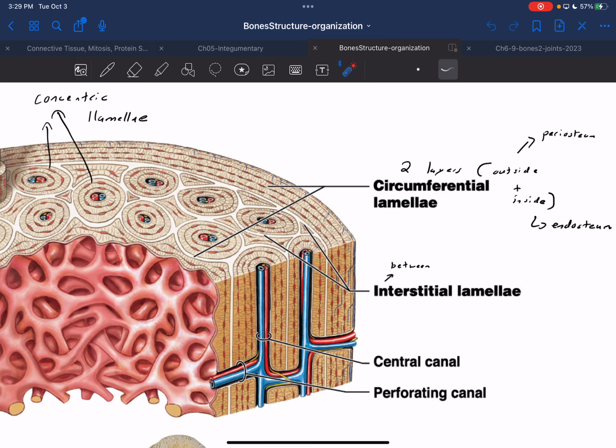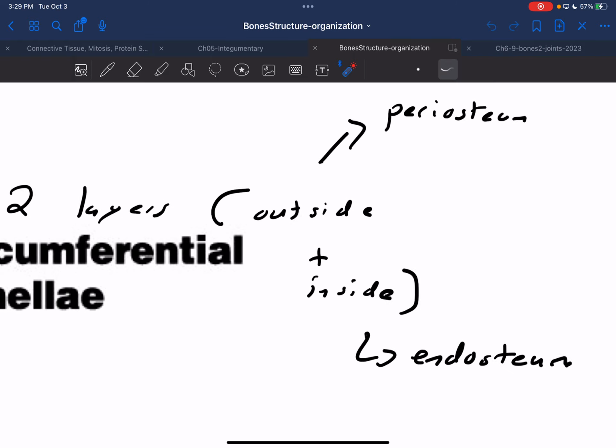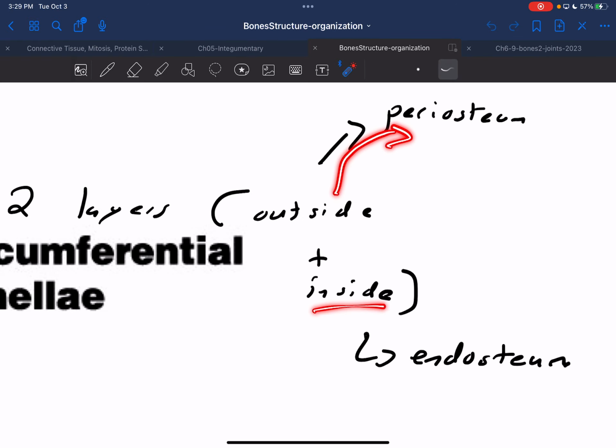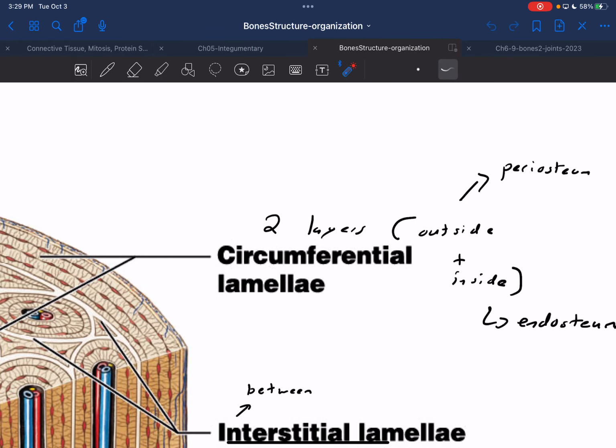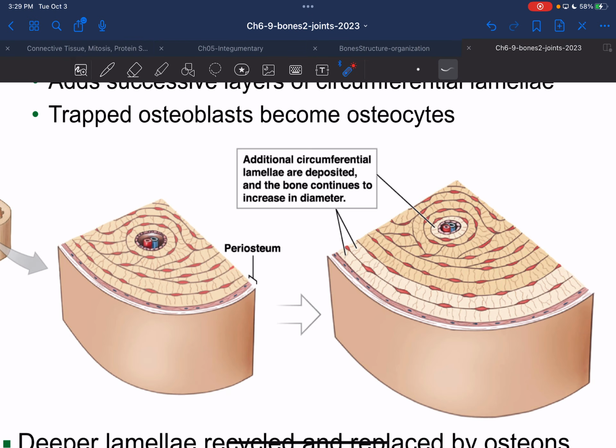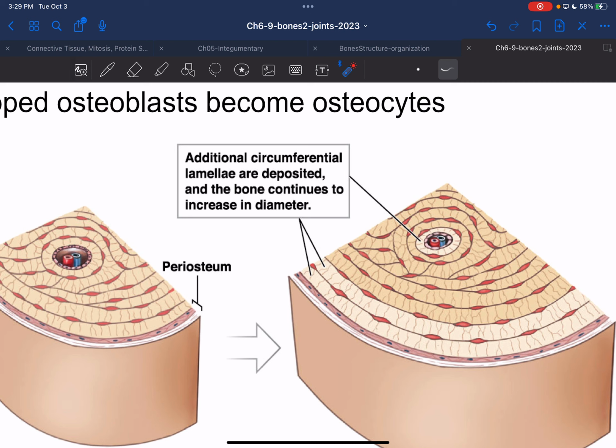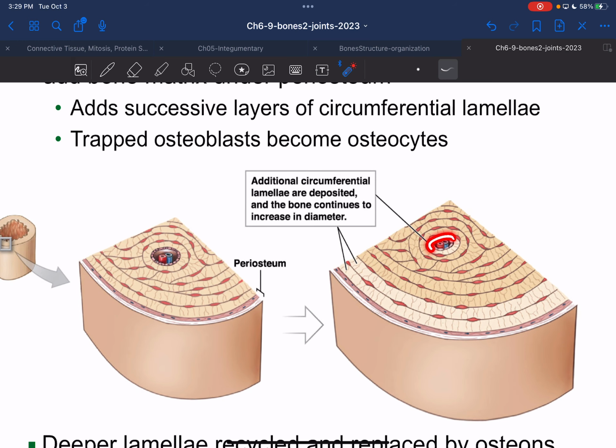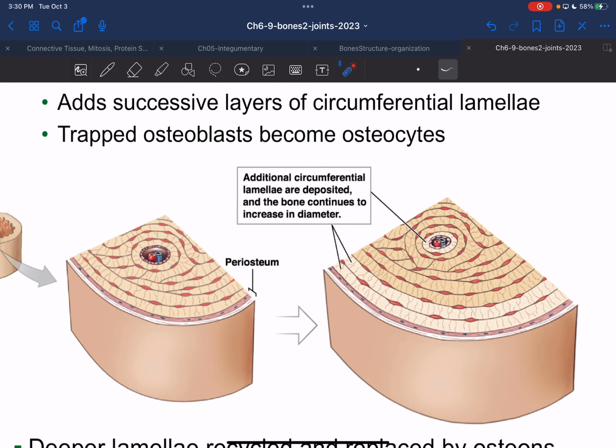Again, outside, periosteum; inside, endosteum. But each one has a boundary of circumferential lamellae. And so with that in mind, you can see that it adds circumferential lamellae to the center of bone, and it also adds it to the periosteum. I wish that this was a little bit larger. This should be way larger to express that, but whatever.